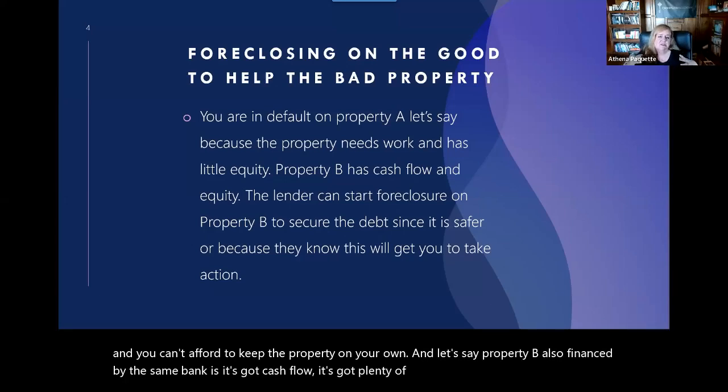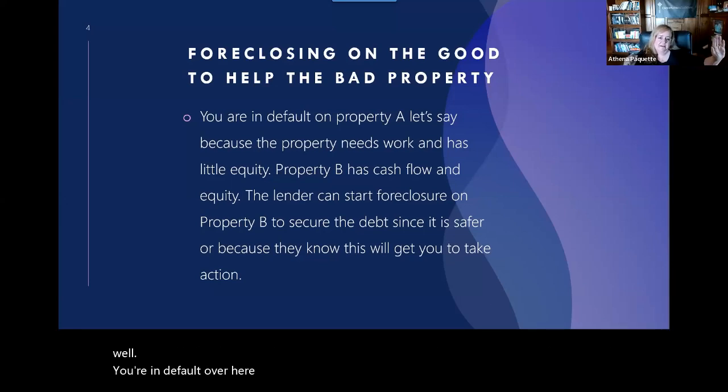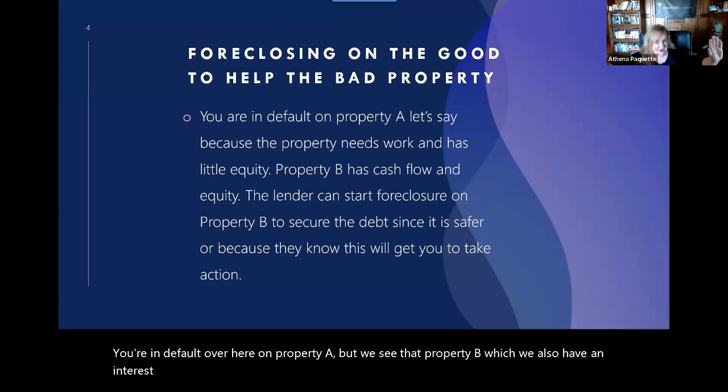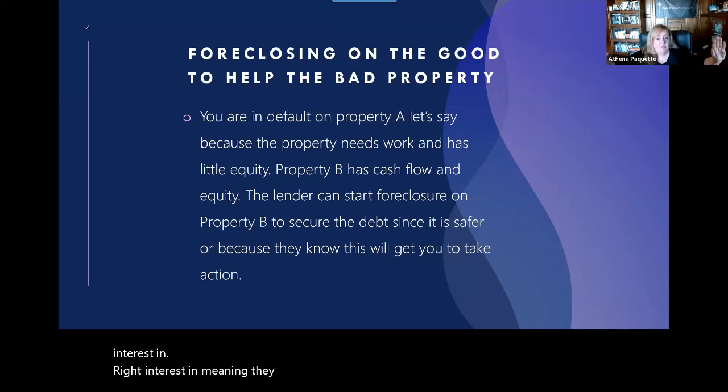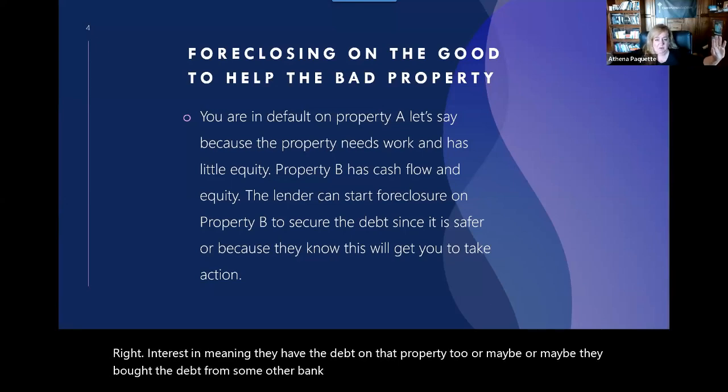So the lender can actually say, well, you're in default over here on property A, but we see that property B, which we also have an interest in, right? Interest in, meaning they have the debt on that property too, or maybe they bought the debt from some other bank, like the Countrywide B of A whole thing, right?